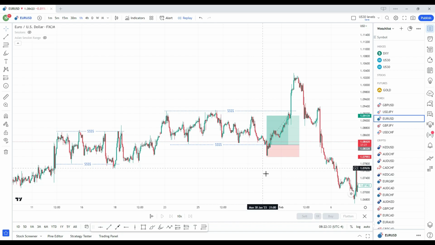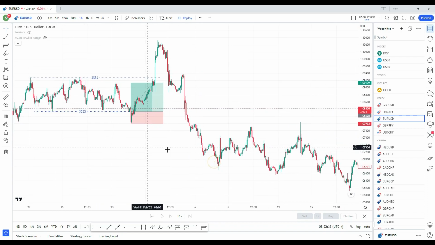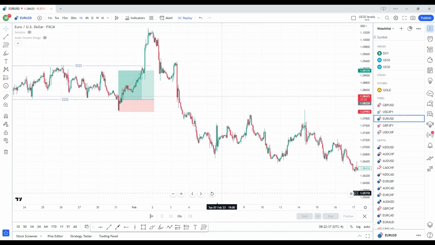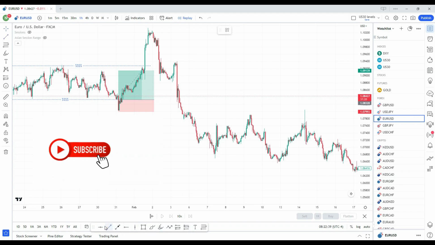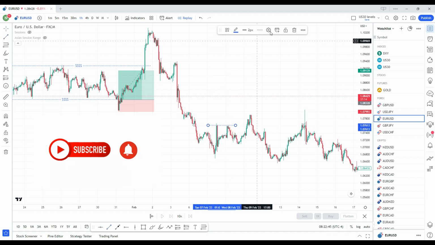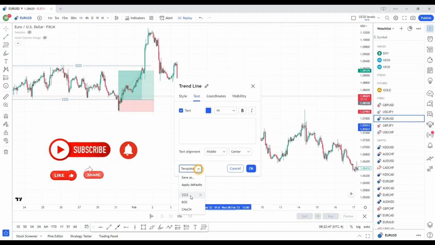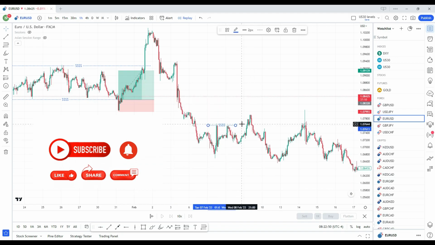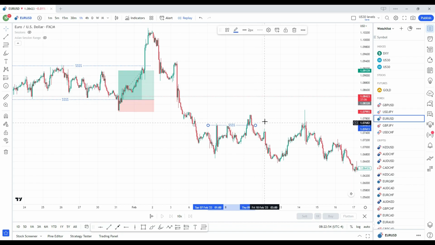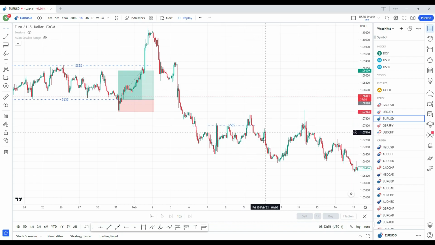You can go on and on to backtest this. This is another example. This appears like equal highs. This can be a liquidity zone, which was later manipulated before moving down.